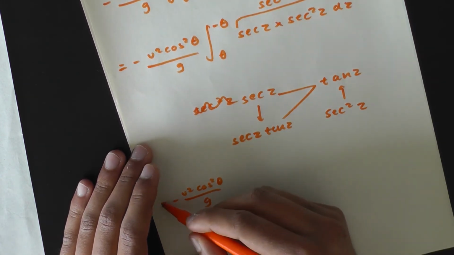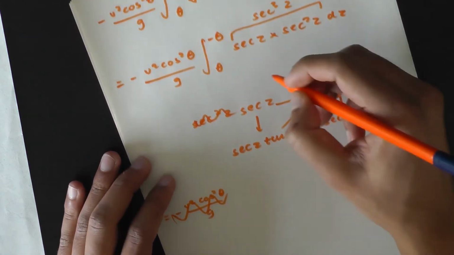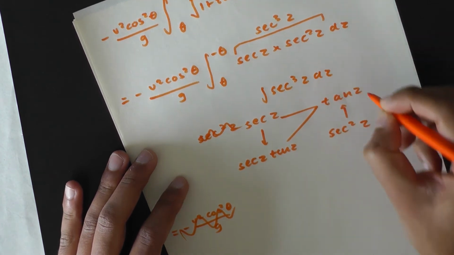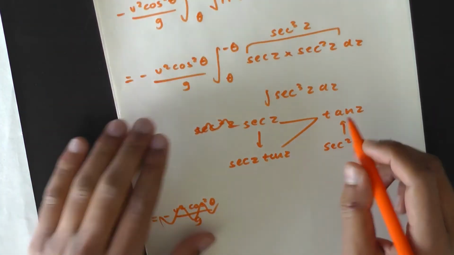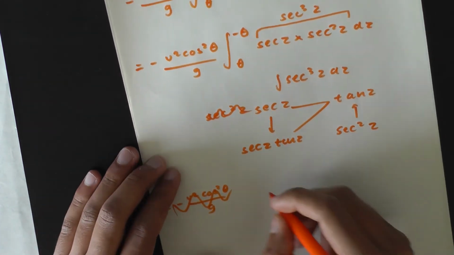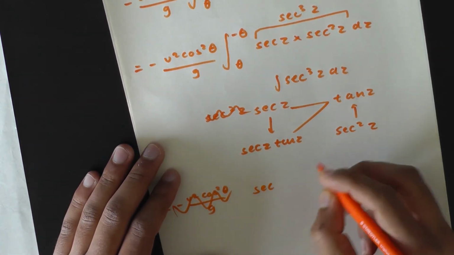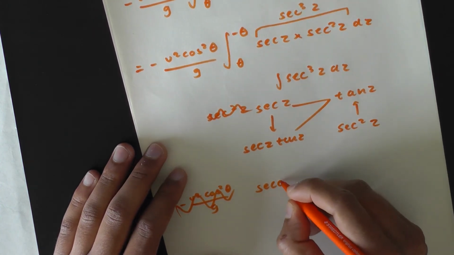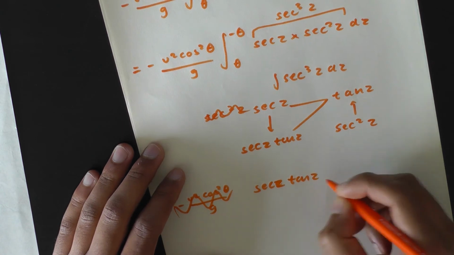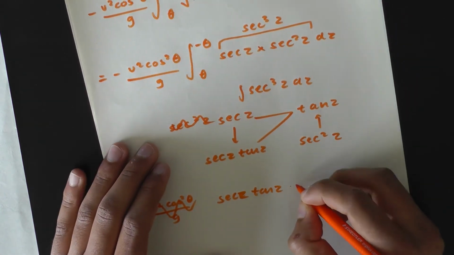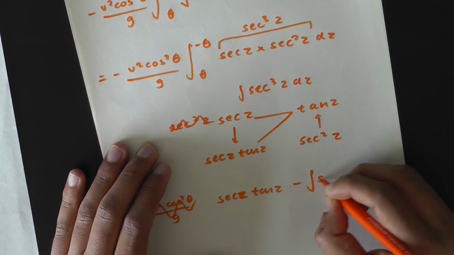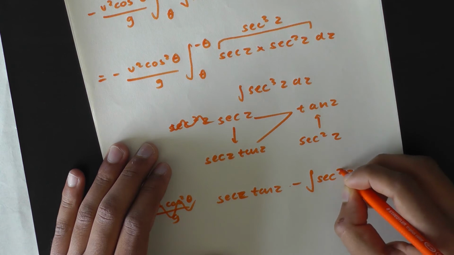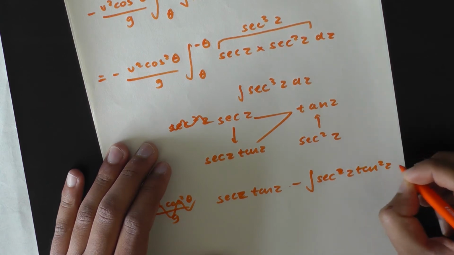Actually, let's forget all the constants at the moment. We'll just consider the integral of sec cubed z dz. Just forget about the rest of it for the moment. We'll just focus on this. So this is the integration by parts. Sec z tan z minus the integral of sec squared z, sec z tan squared z dz.